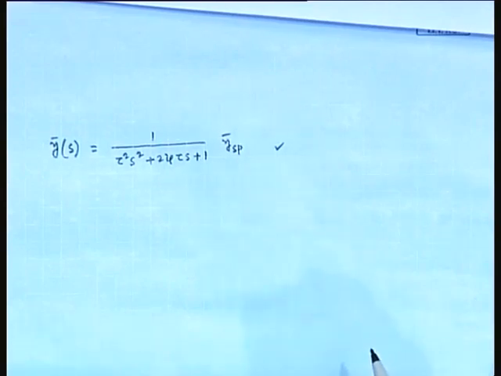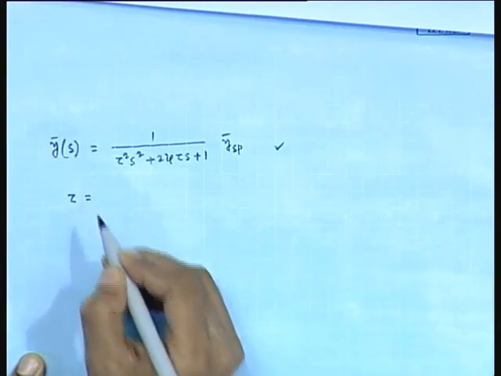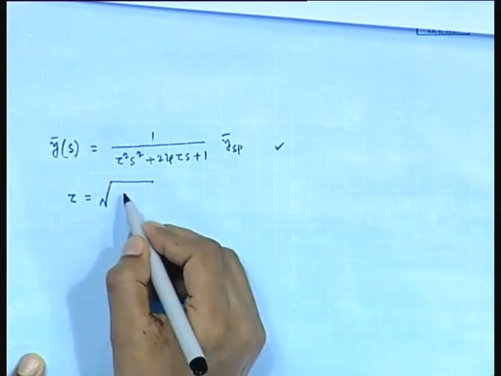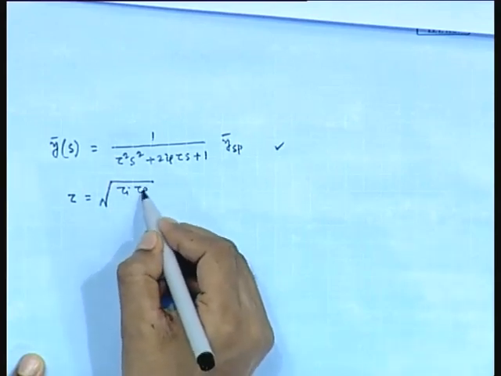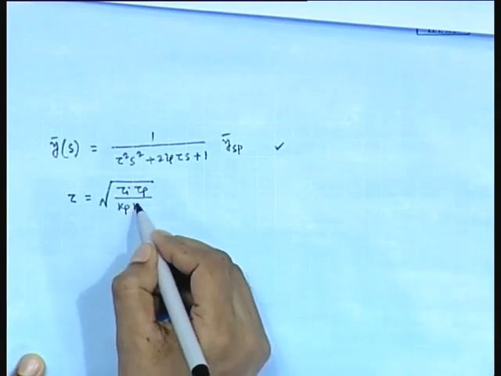First we substituted all the individual transfer functions in the generalized form of the closed loop transfer function. Then after simplification we obtain this expression, where tau is root over of tau I tau P divided by Kp Kc.